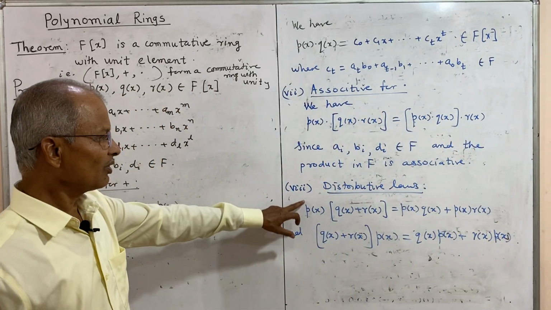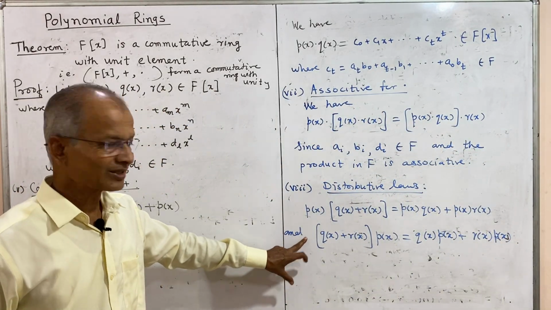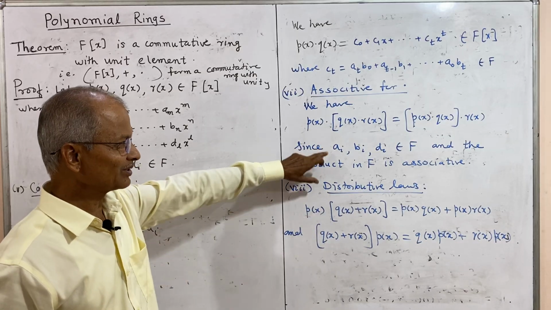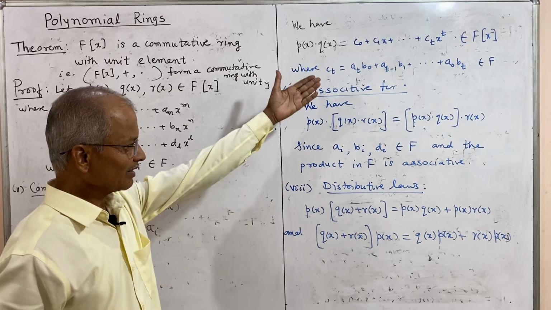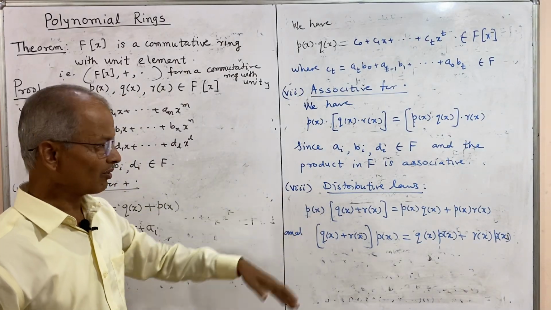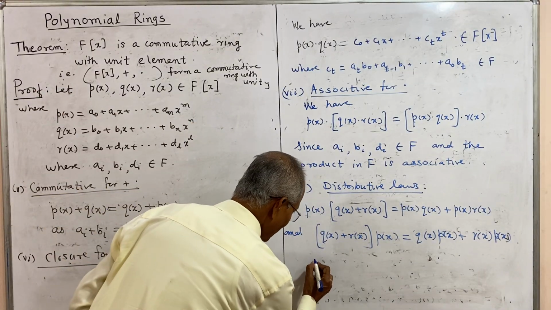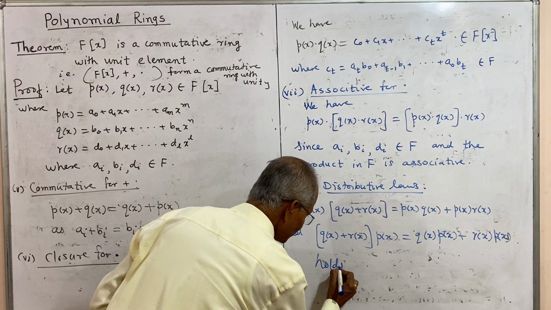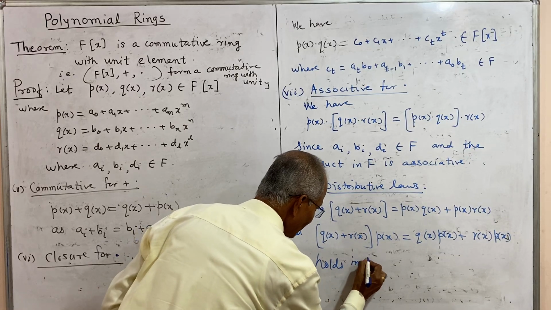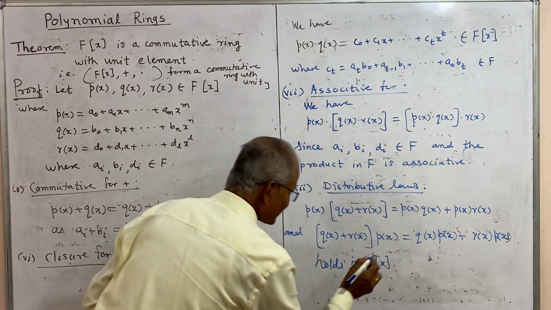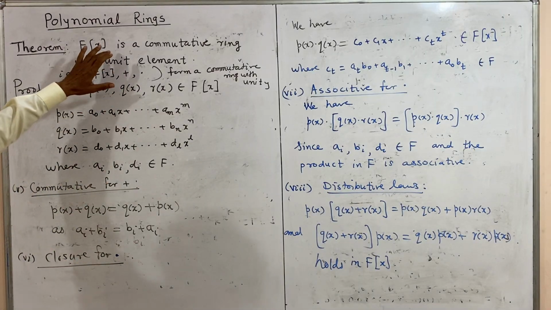So these distributive laws also hold because the coefficients are again elements of a field, and in a field the distributive law holds, that is multiplication is distributive over addition. It holds in f of x. So thus this f of x is a ring.